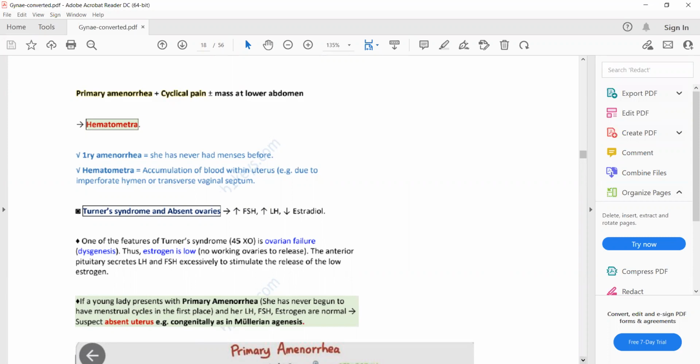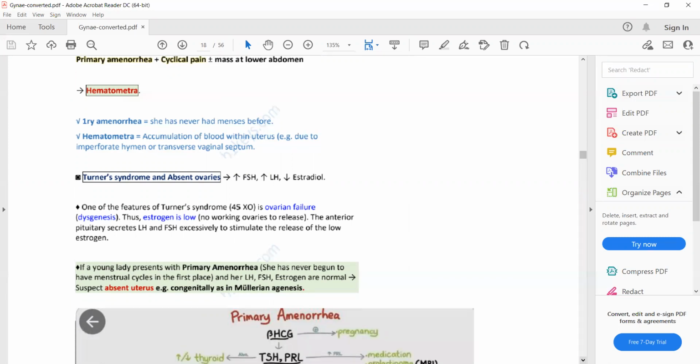And then the fourth one is Turner syndrome or ovarian dysgenesis due to Turner syndrome. And the fifth one was congenital adrenal hyperplasia that we have discussed in the chapter of endocrinology. So can someone tell me what will be the presentation of a patient with congenital adrenal hyperplasia?